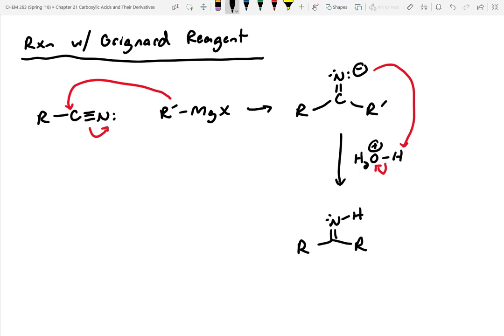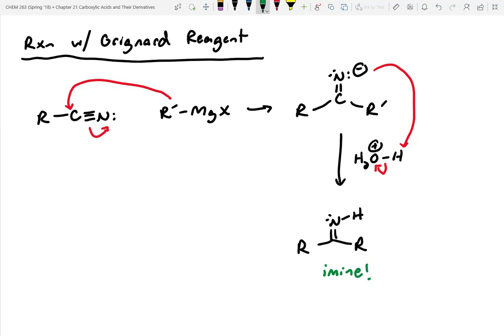Does anybody remember what this intermediate is called? The functional group? What's that? Not quite. There's no alkene in it. It's a carbon-nitrogen double bond. Sounds like enamine. Imine. So at this point, we've created our imine.